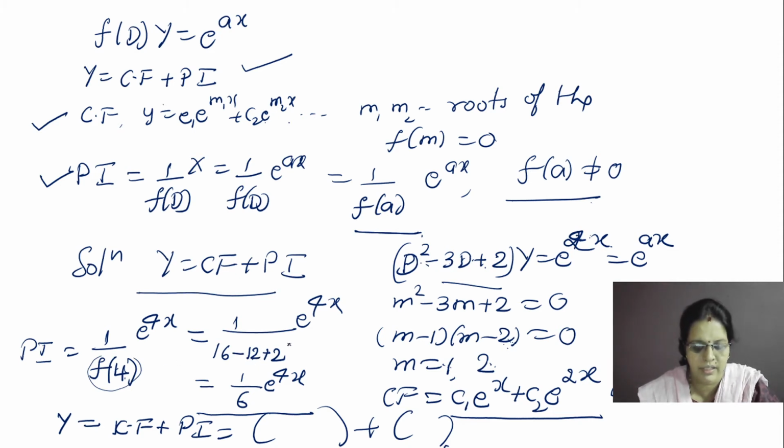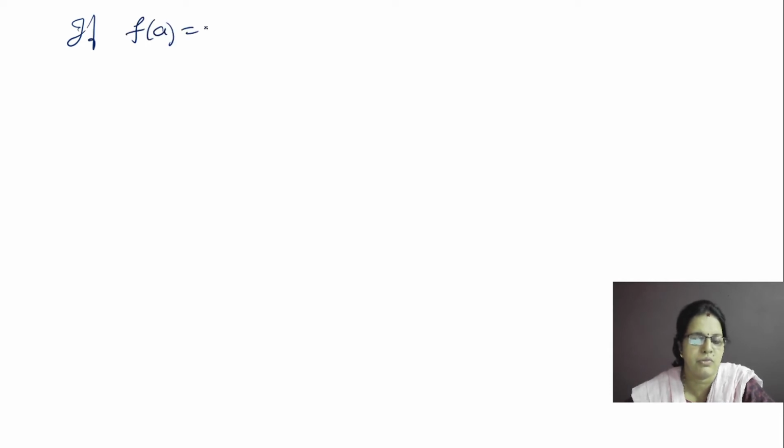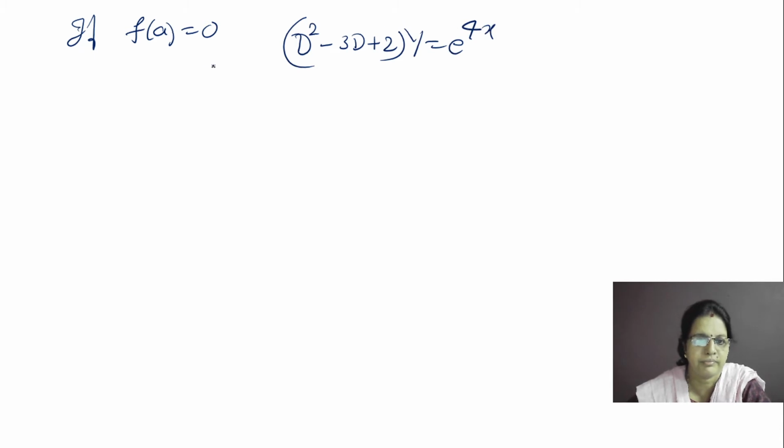So in that case, what you have to do is, next case, if f of a is 0, first I will take this example only: d square minus 3d plus 2 into y equal to e power 4x. See here, we got m as 1 and 2, and f of 2 is 0 now.